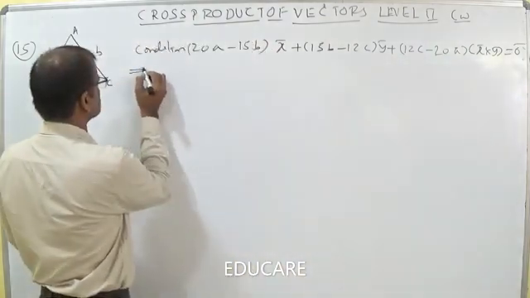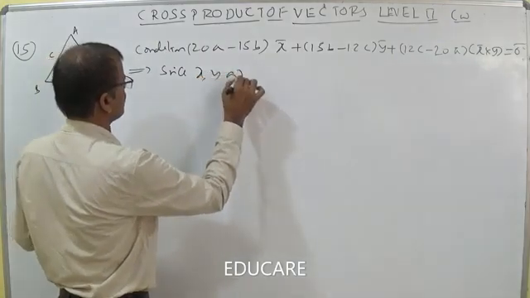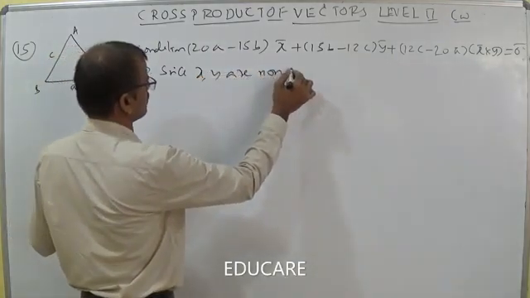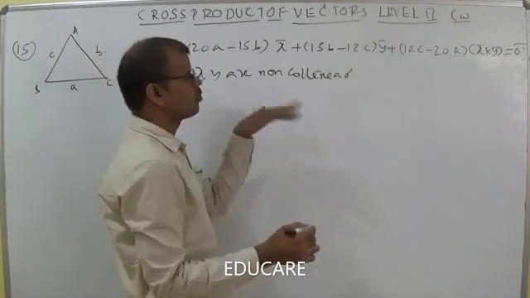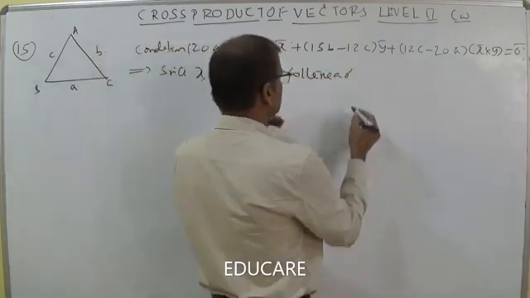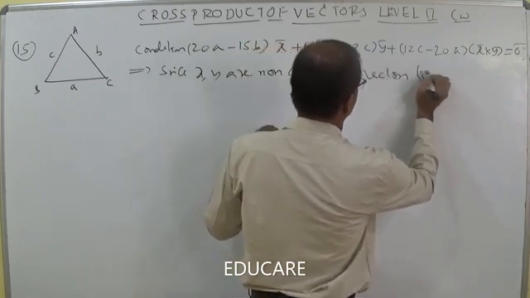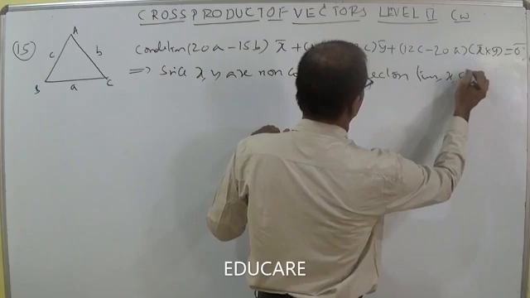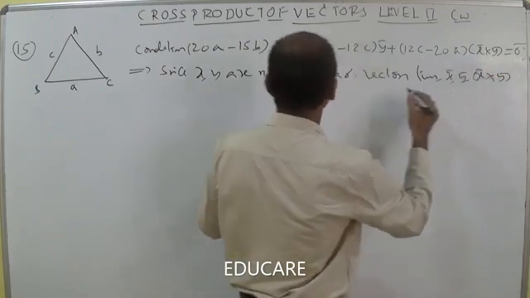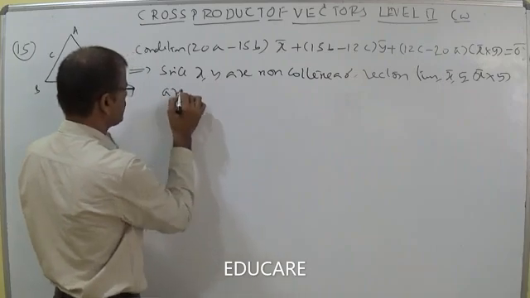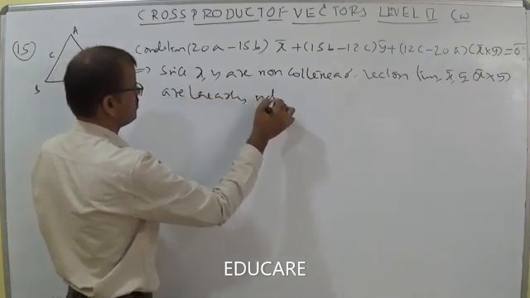Since x, y are non-collinear vectors, x bar, y bar, x bar cross y bar are linearly independent. This is the concept.